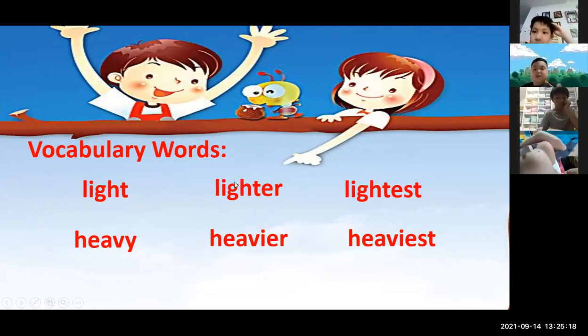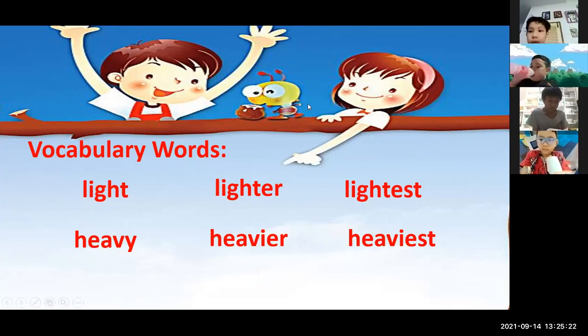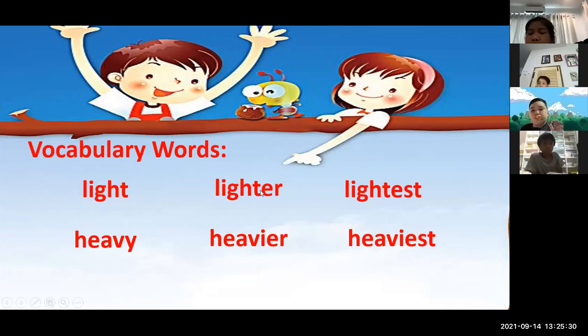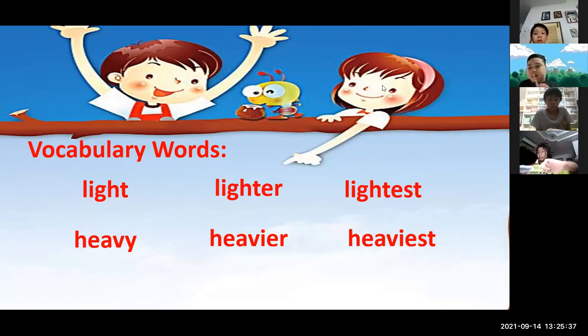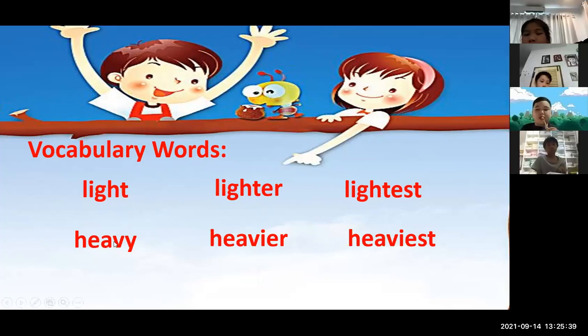Light means bao. How about lighter? Lighter means bao kwa. How about lightest? Bao tisot.